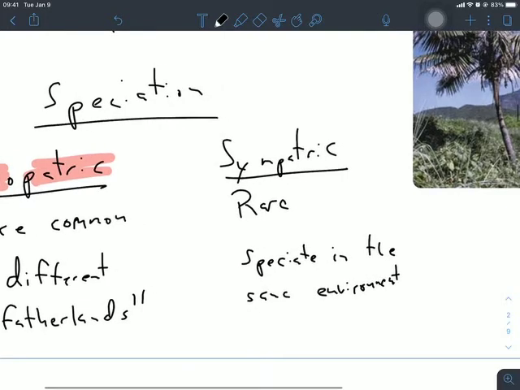This is particularly rare in plants, less rare in animals, which can speciate via behavior, things like mate selection or something like that.